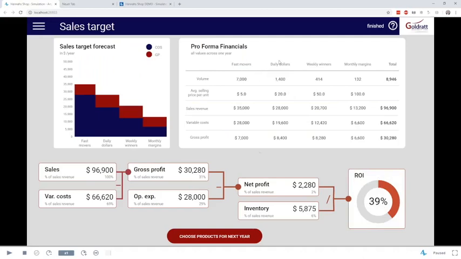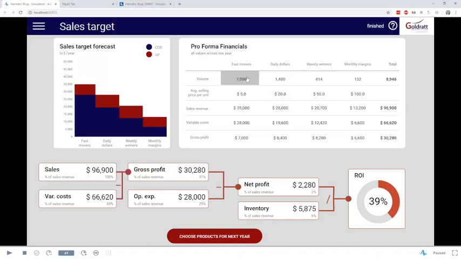It's fairly simple, although it might look a little overwhelming. We have 4 different product categories that you have to sell. We have fast mover products that sell fast but don't cost a lot. We have daily dollars, weekly winners, and monthly margins, just selling less and less often, but costing more and more and giving you a higher profit margin.